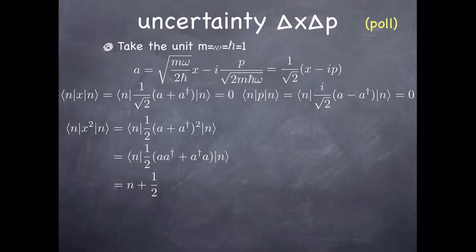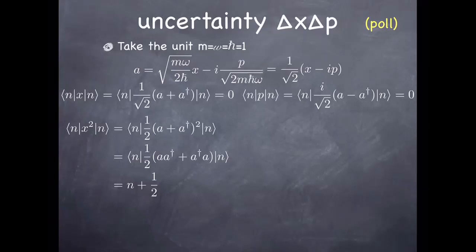A a dagger is not quite a number operator, right? So I can change it to number operator by interchanging the order between a and a dagger. So I write a a dagger as a a dagger minus a dagger a plus a dagger a. So a dagger a cancels between them, so a a dagger stays.